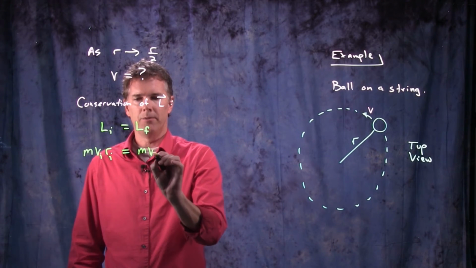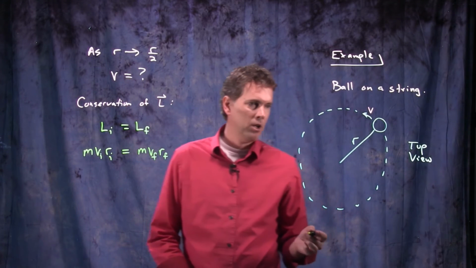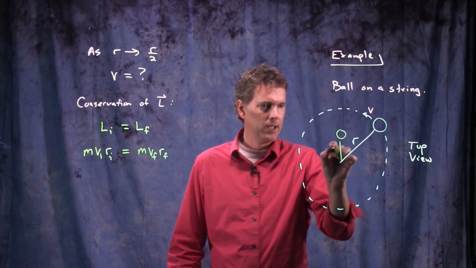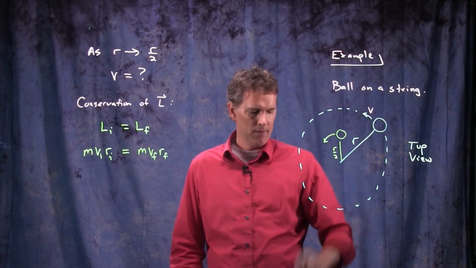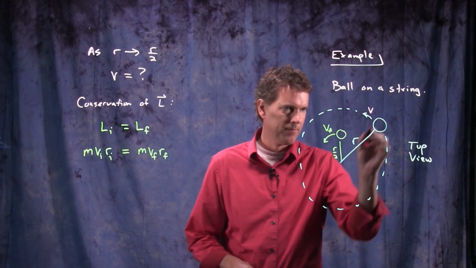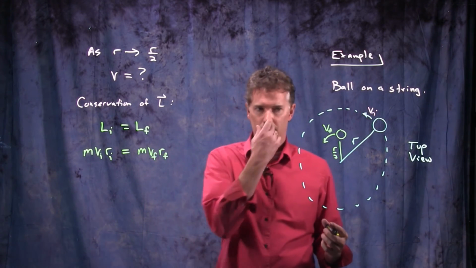What about the final? Same mass, so we don't have to worry about that. Again, we just have mvr. So when the ball gets to half its original length and it's going around, we had V initial before, now we have some V final. And let's see if that's bigger or smaller.